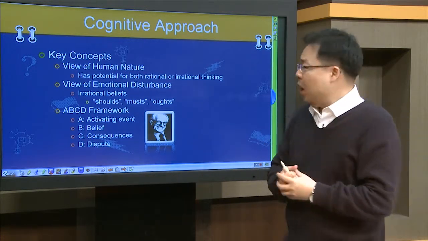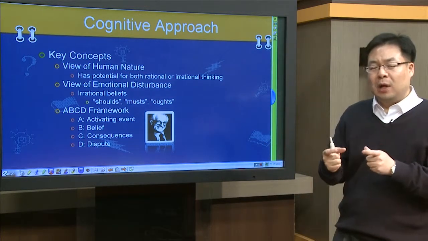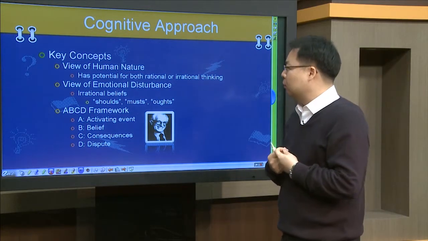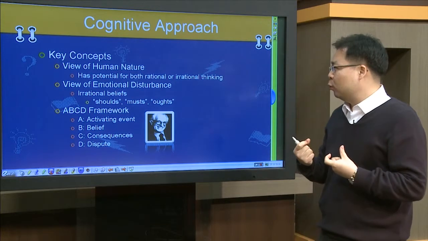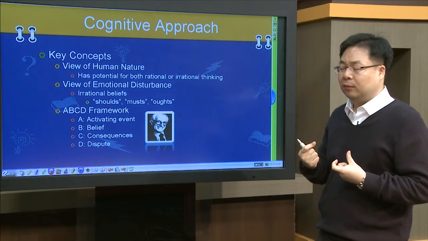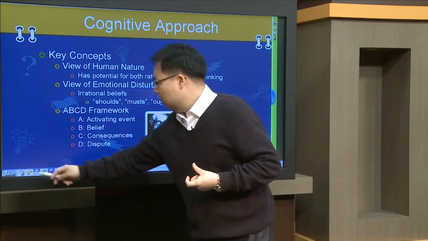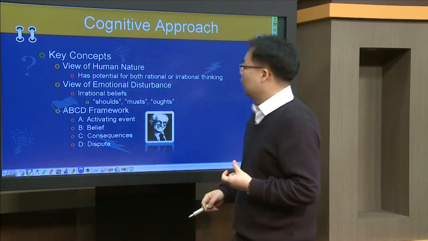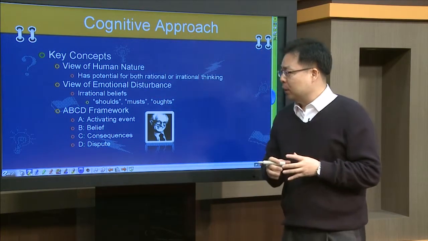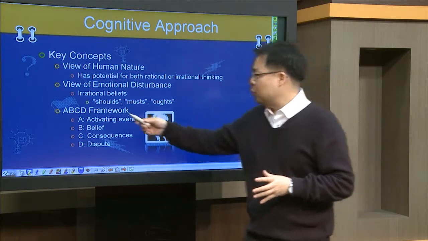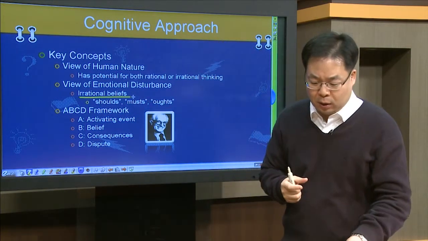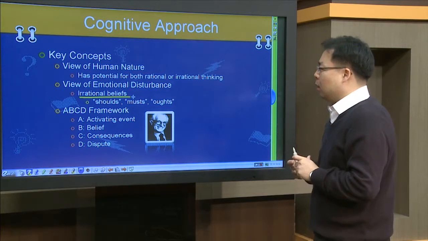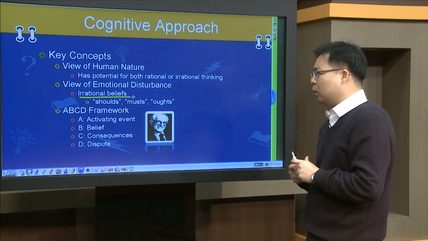And the next one is the cognitive approach. It focuses on our thoughts and our beliefs. And they believe we have a potential for both rational and irrational belief. But they believe that our irrational belief causes the problems in our behavior.